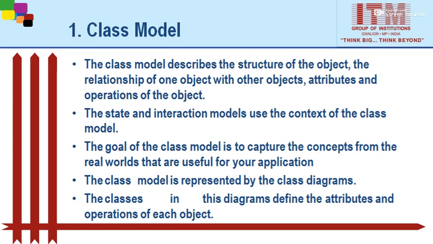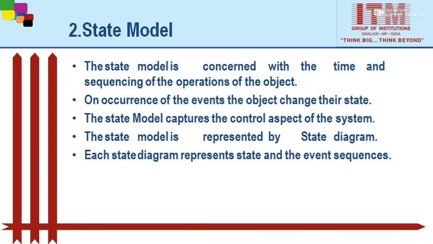The class model can be represented by class diagrams. You can represent the class models with the help of class diagrams, or you can say you can design the real world problem with the help of class diagrams. So the classes in these diagrams define the attributes and operations of each object. I hope you get a better understanding.